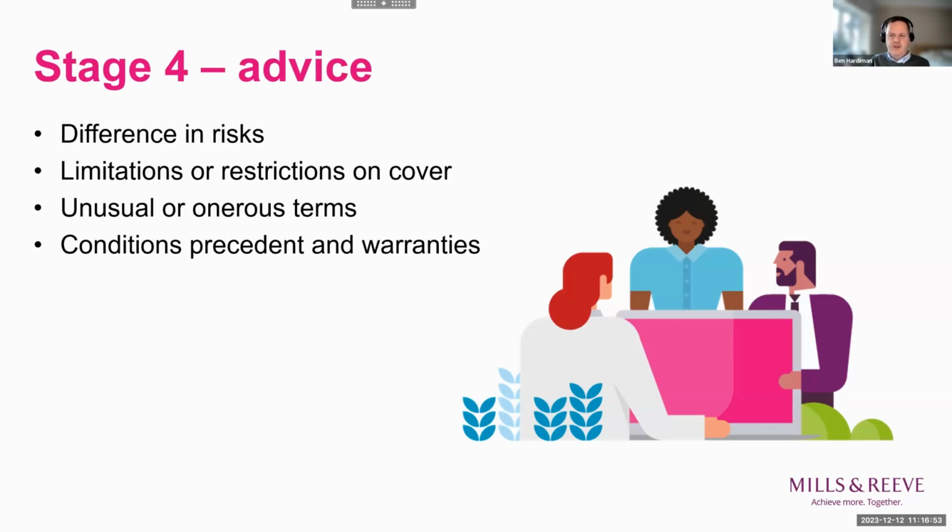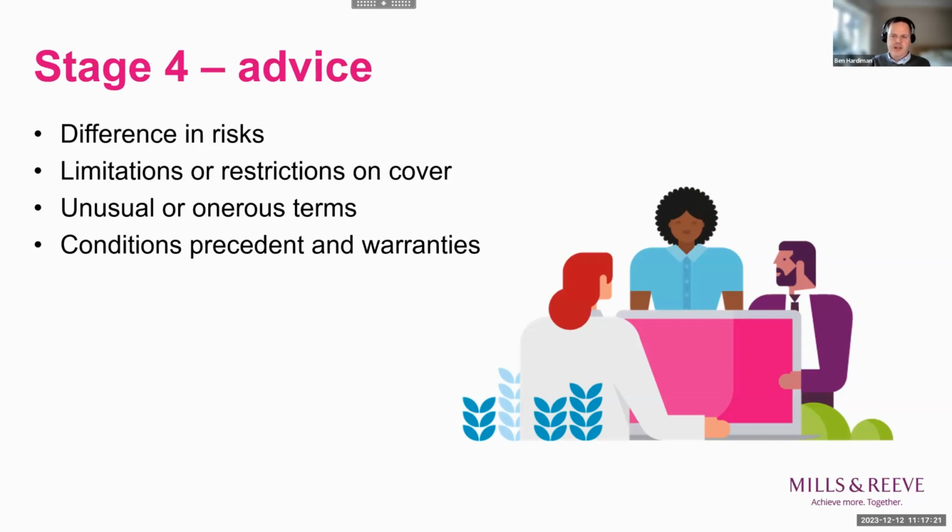Equally, the client needs to know about what is not covered, and that will probably be exclusions and, again, any endorsements restricting the scope of cover. So the advice needs to cover limitations or restrictions. So that could be retroactive dates, and it could be any specific endorsements. Onerous or unusual conditions are really important.